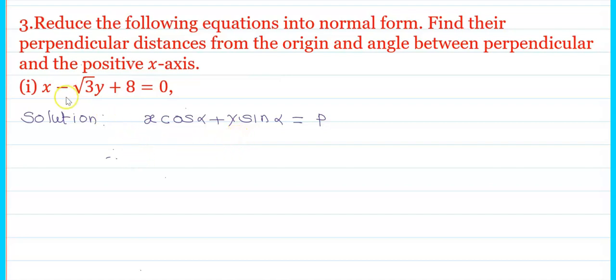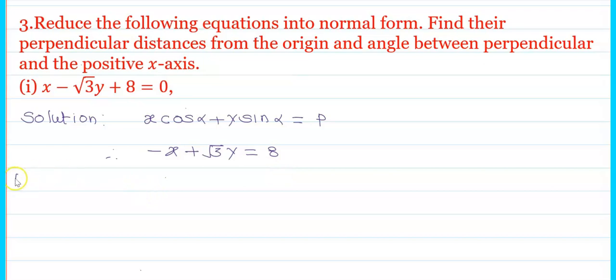Now we'll write this equation in the standard form, that is, minus x plus root 3 y equals 8. We are keeping this 8 as positive.